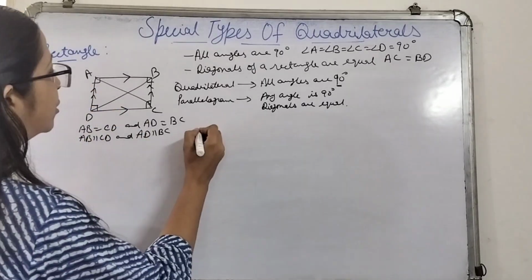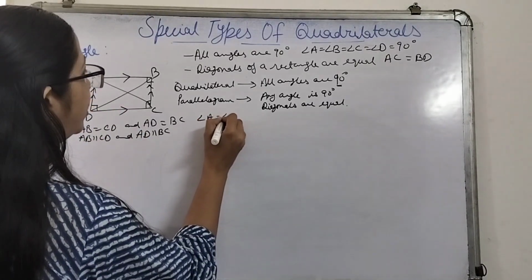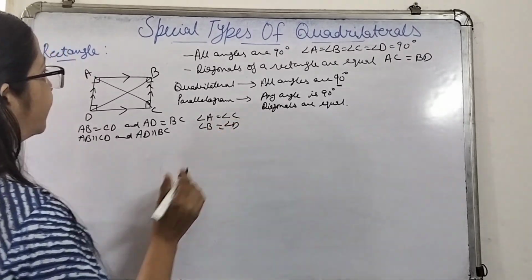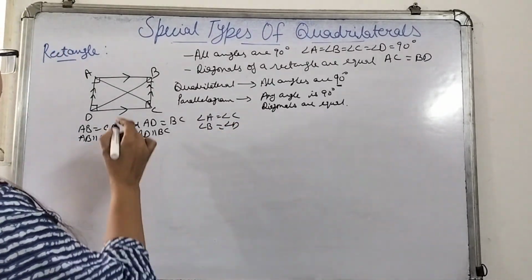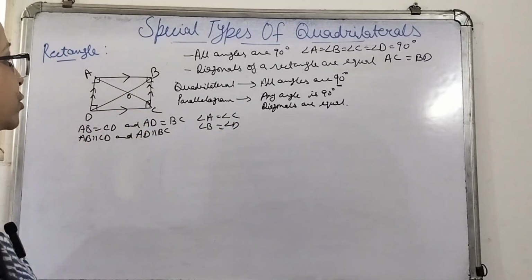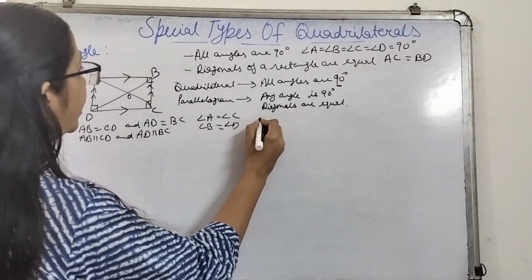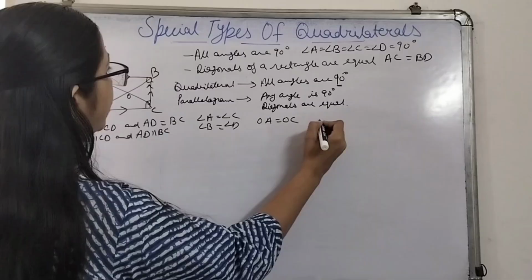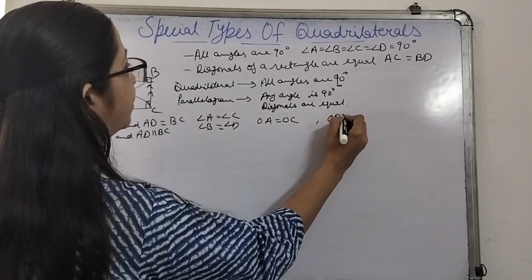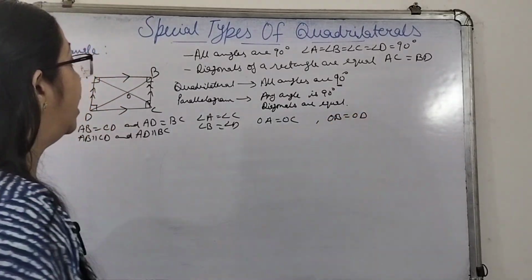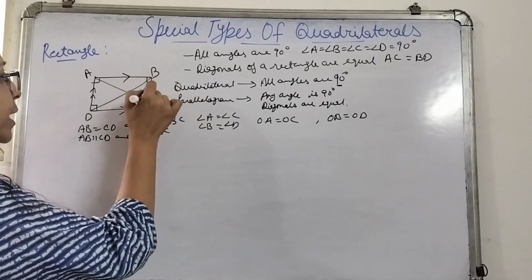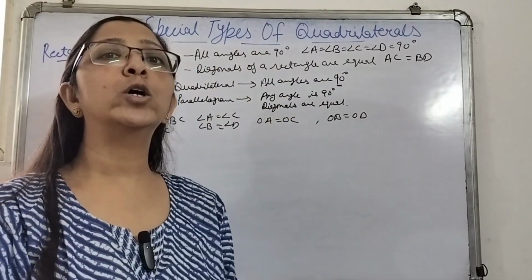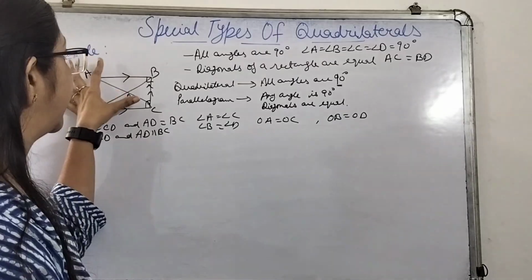Opposite angles will be equal, so angle A equals angle C and angle B equals angle D. Diagonals will bisect each other, so if this is the point O, then OA equals OC and OB equals OD. And along with that, all four angles are 90 degrees and both the diagonals are equal. All these are the properties of a rectangle.